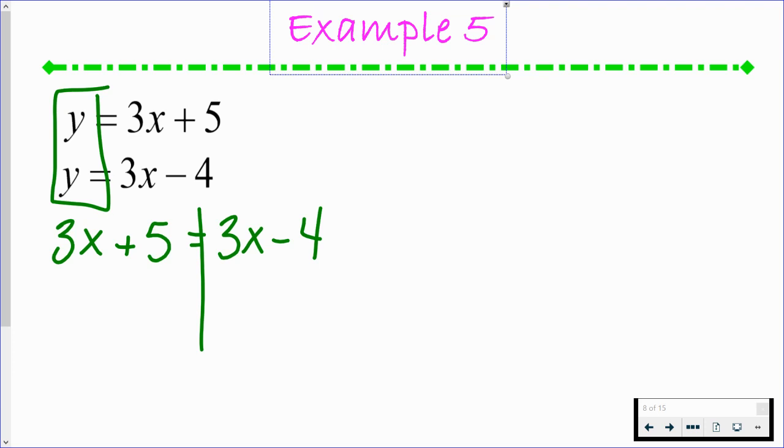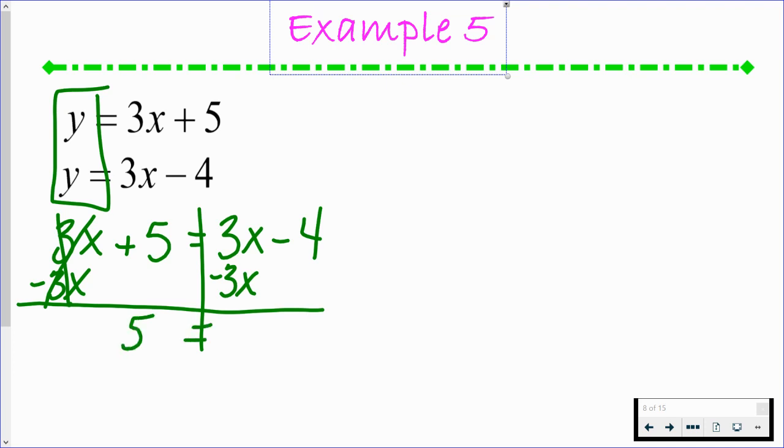So I'll take this first 3x and I'm going to subtract it. On the left side, 3x minus 3x cancels out. I'm going to bring down the 5. Oh man, 3x minus 3x on this side. Well, see you later to that side too. And I'm going to bring down my negative 4.